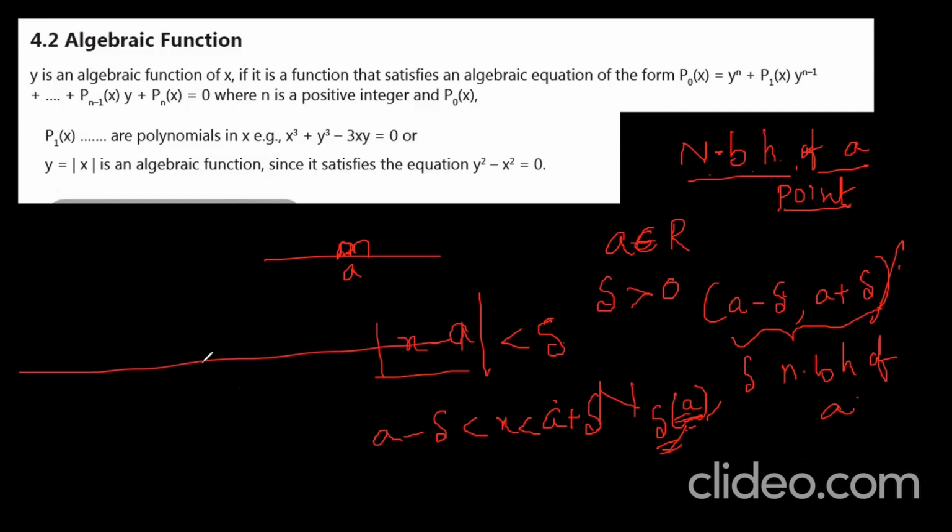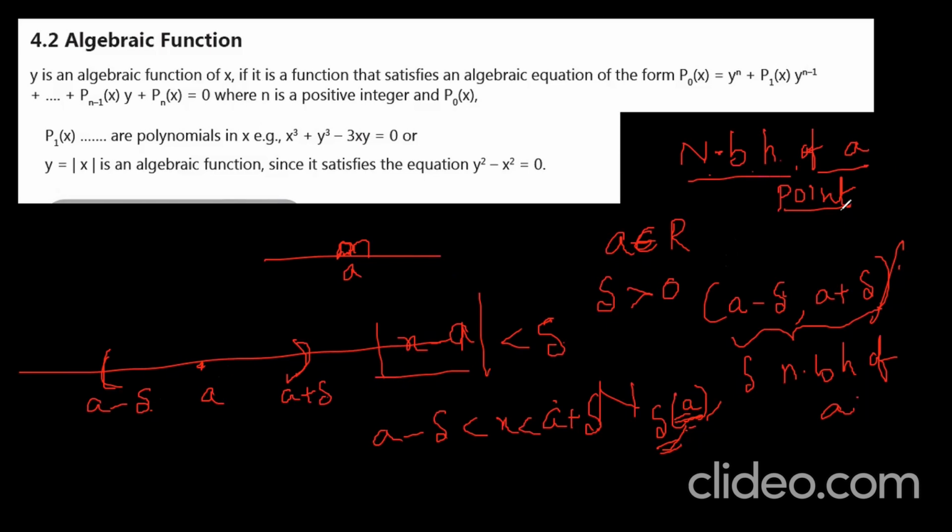Let us observe. This is my point A. This is A plus delta on the positive side, and this is A minus delta. This is the delta neighborhood.